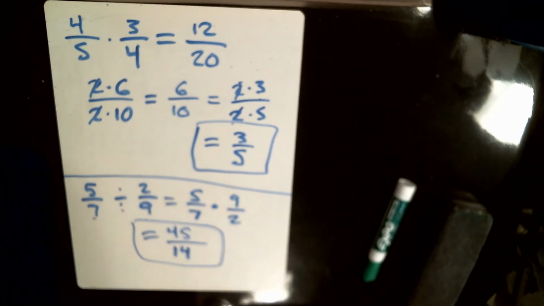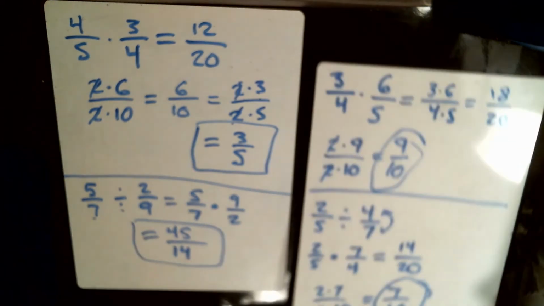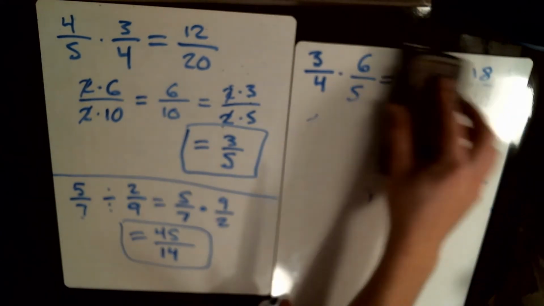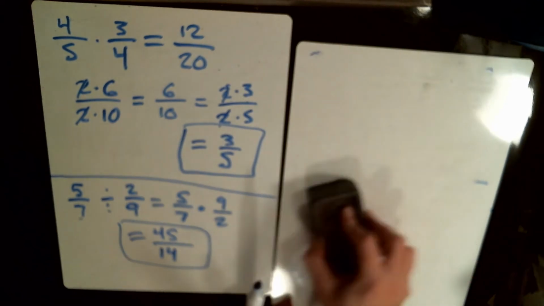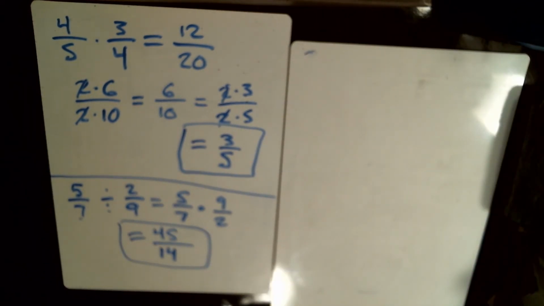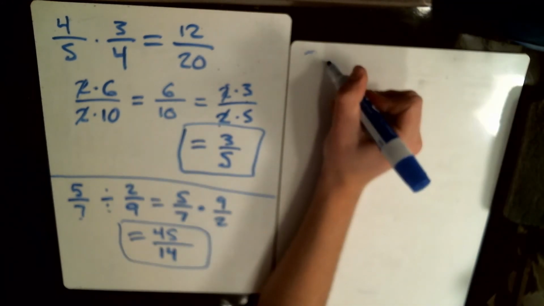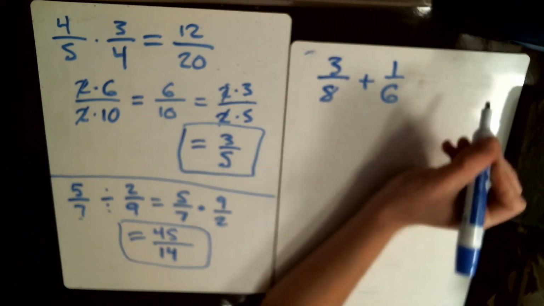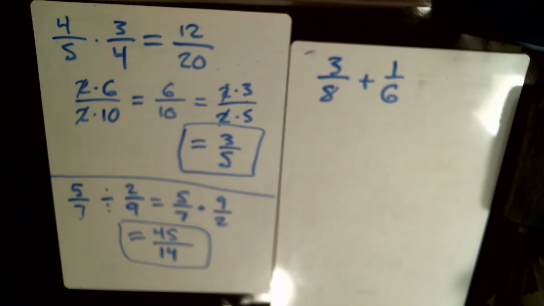And then adding, what do we do again? For adding, we just make a common denominator, right? So let's do, we'll try this one. 3/8 plus 1/6. Okay, in order to add, you want to make a common denominator, right?